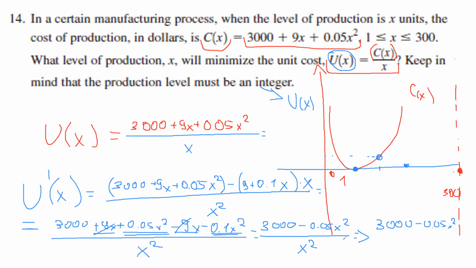Okay. Would you set that equation equal to 0, move it to the left side, and then divide 3000 by 0.05 and then square root it to find the answer?